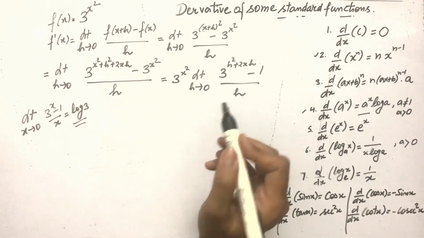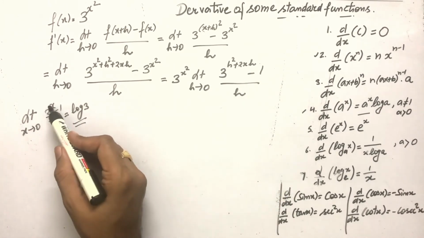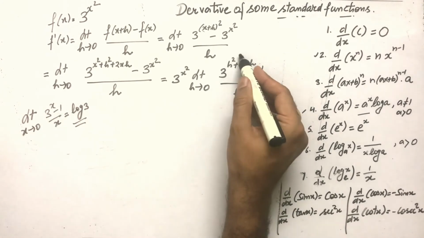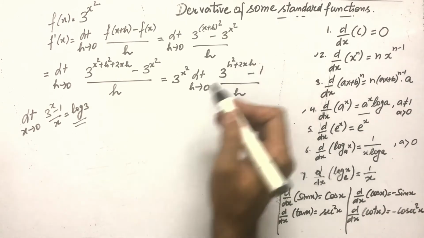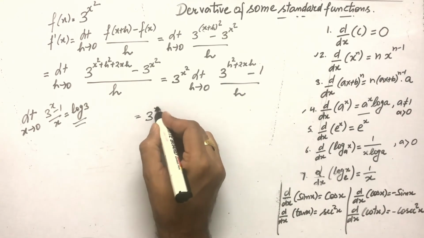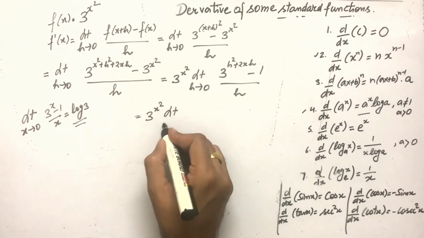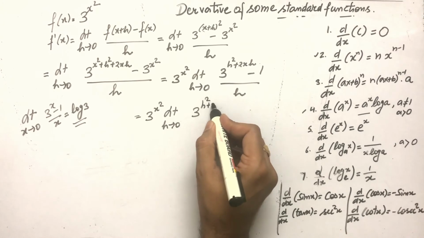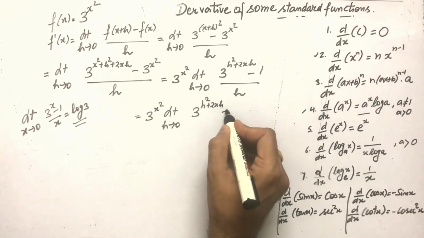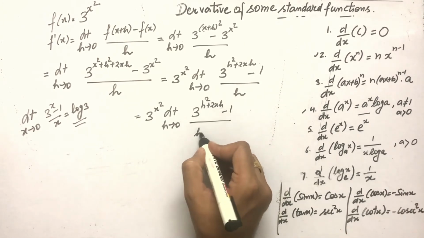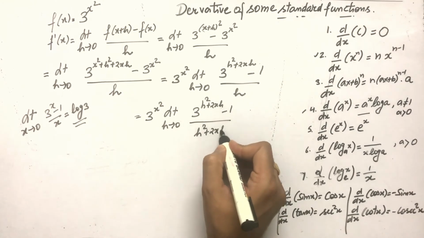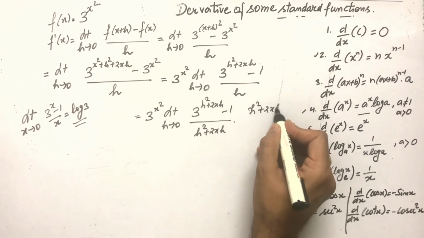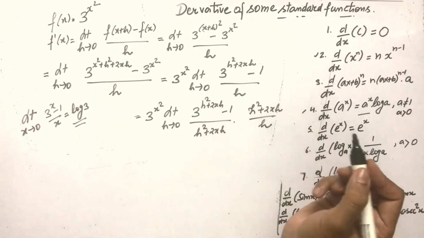So we make use here, but for that we need this power and denominator to be same. But what we are getting here is h square plus 2xh. So let us multiply by this and divide by this. So you see 3 power (h square plus 2xh) minus 1 upon (h square plus 2xh), and also we will multiply by h.